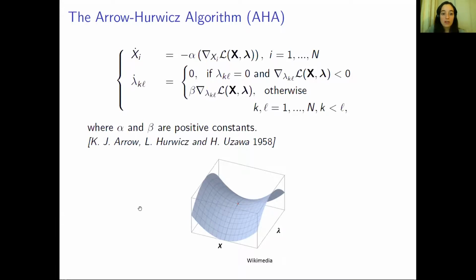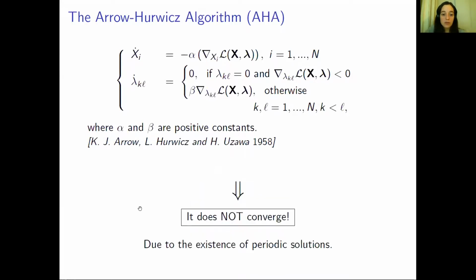This works well in the case of convex problems, but in the case of non-convex, it may not converge due to the existence of periodic solutions. So it may not converge to the stationary state.